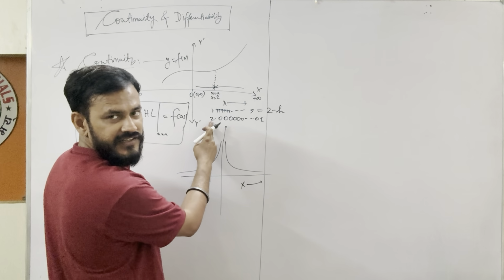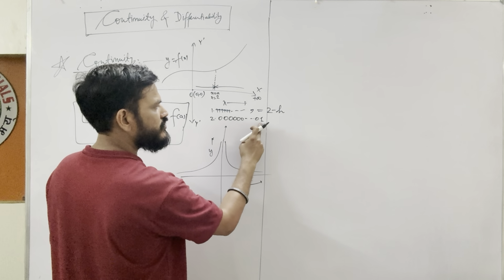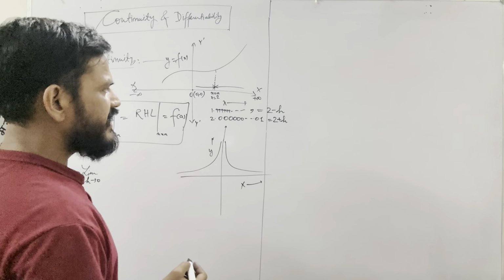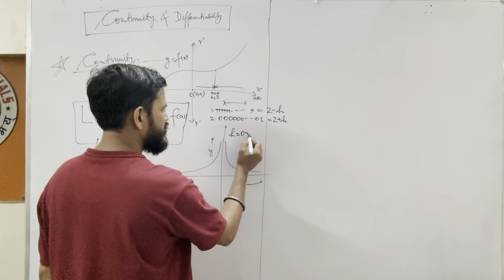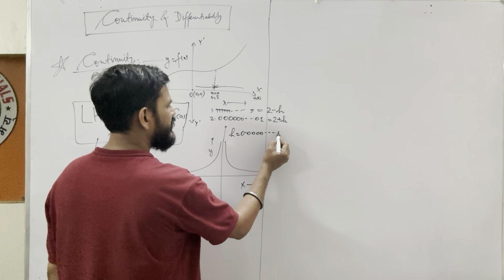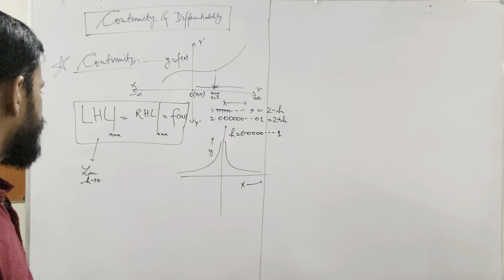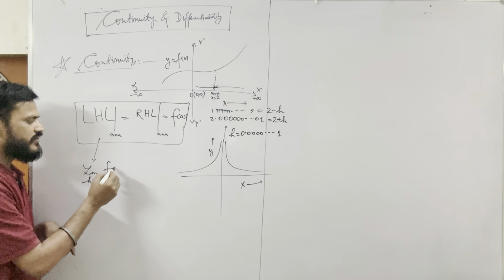And on the right hand side, you reach 2 but you don't touch 2, it is 2.00001. So you can write it as 2 plus h. Notice h is a very small positive number, which is 0.0000, infinite zeros and then 1. It's an extremely small value.